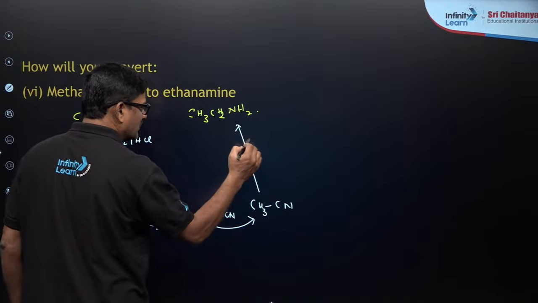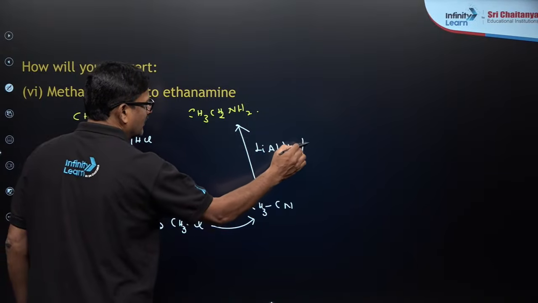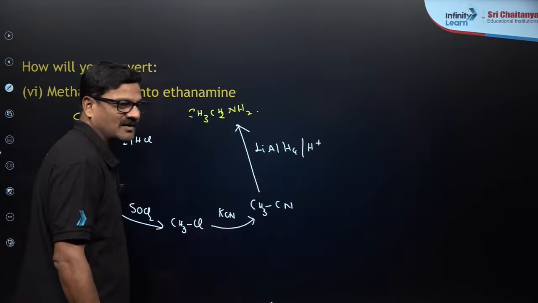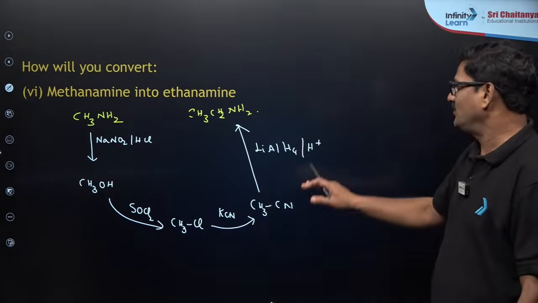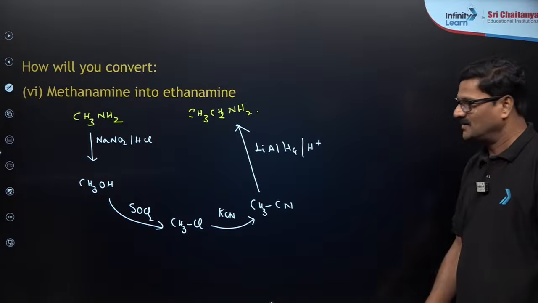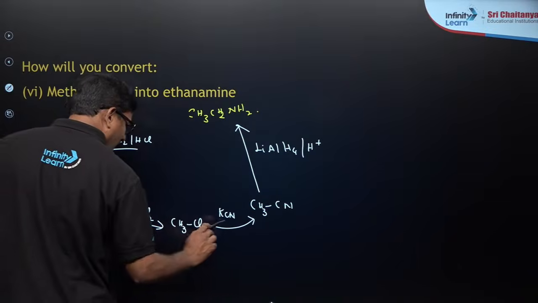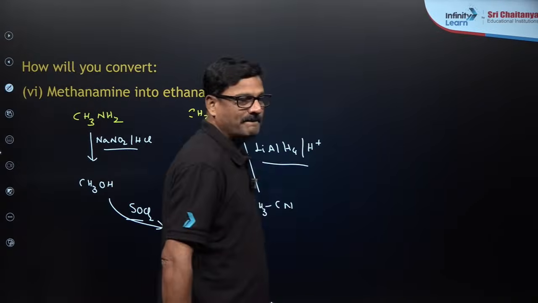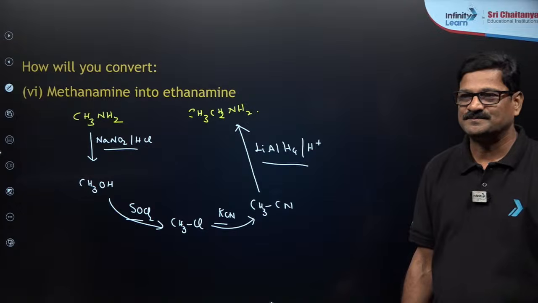You can go with reduction, lithium aluminum hydride. Whenever you use lithium aluminum hydride, use it in the acidic medium, right? Now you are going to get ethanamine. So this conversion, this is the flow. You have to recall from your mind. It's a mind game.